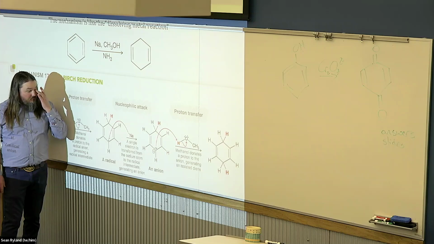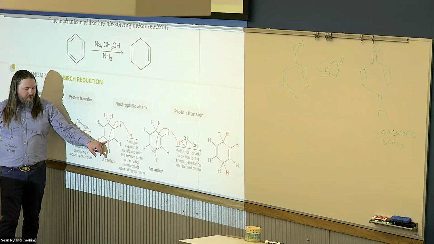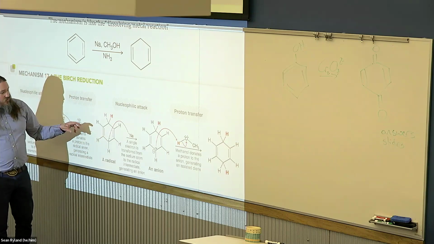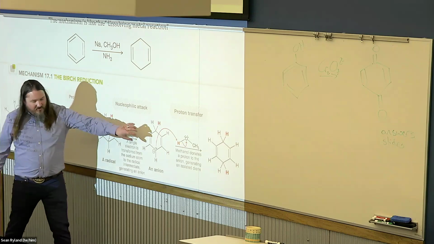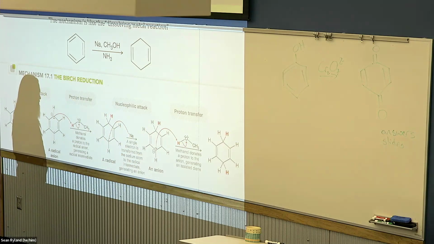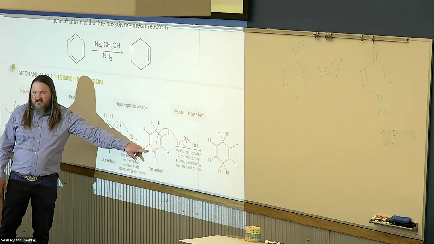But I guess with the radical being there, that's in its own p orbital, so it is already a conjugated system anyway. Okay, so it's conjugated no matter what, and both this one and this one are going to have two other resonance structures. But for some reason, this is the resonance structure that actually reacts.